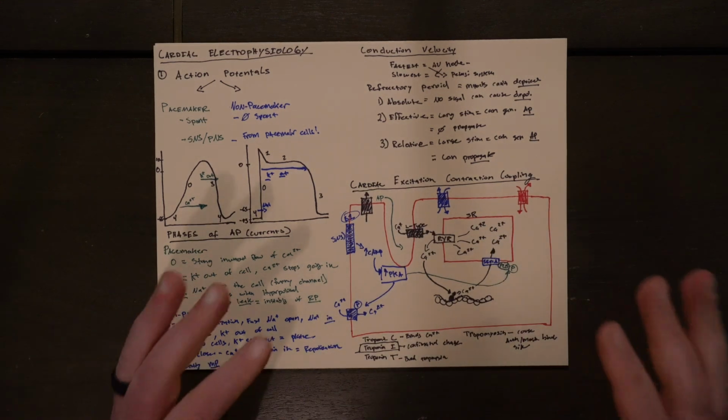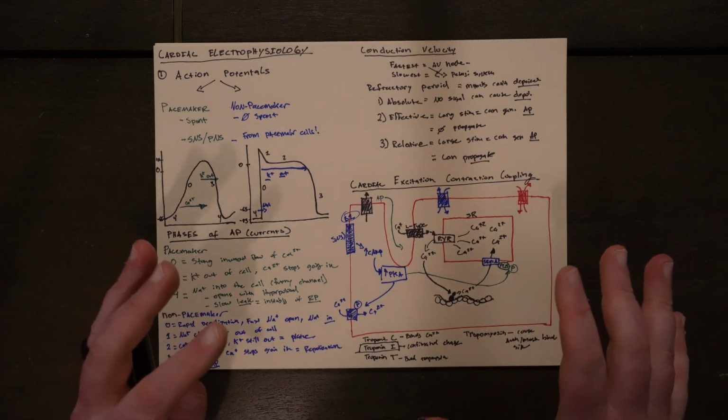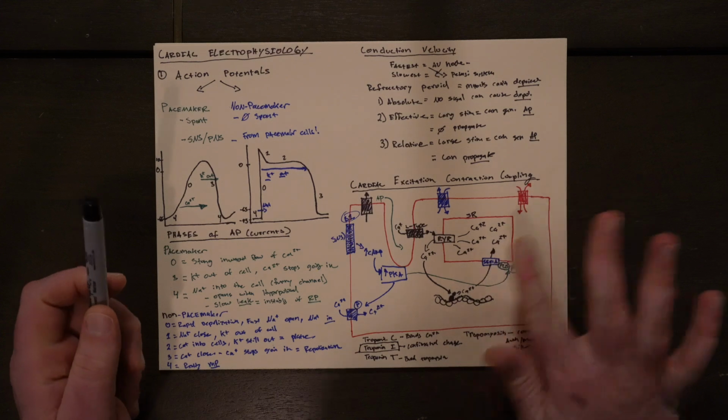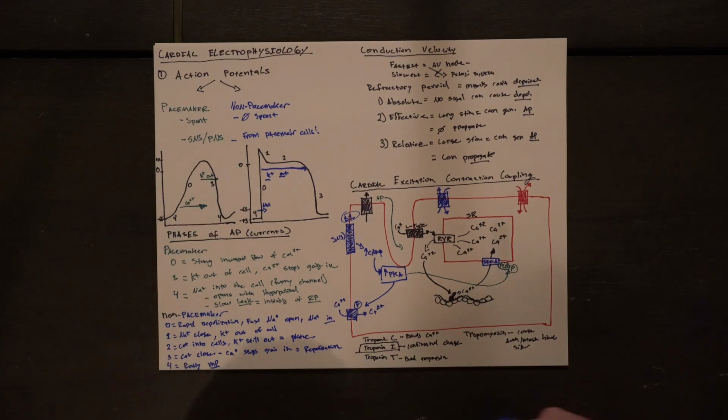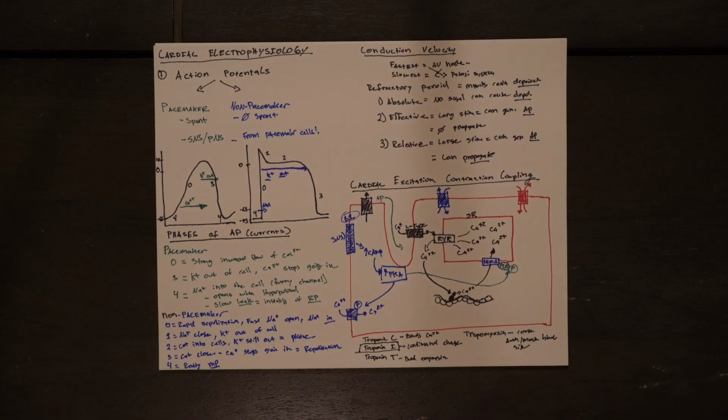Now, there's a couple other ways that calcium concentrations can be modulated, or calcium leaves the cell. This isn't the only way. Probably the most well-known one would be the sodium potassium ATPase.